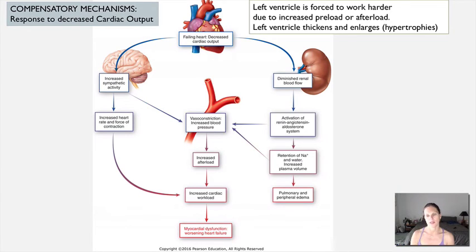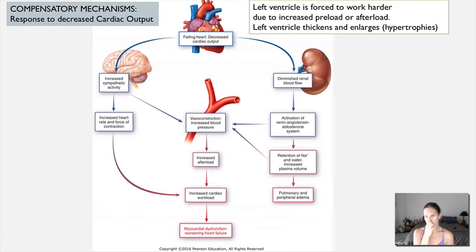And then on the other side, you see what's happening with the kidneys as a result of the diminished renal flow, which is going to ultimately activate the renin-angiotensin-aldosterone system, causing vasoconstriction, which increases blood pressure, which increases work, causing sodium and water retention, which increases plasma volume, which increases preload, which is helpful, except that it's failing, so it's not quite as helpful. And that can ultimately lead to increased work, pulmonary congestion, etc.